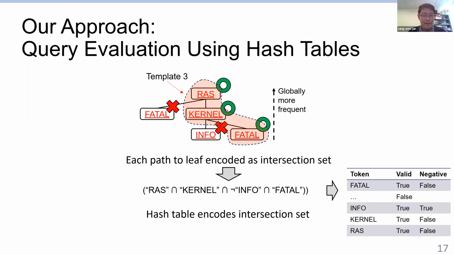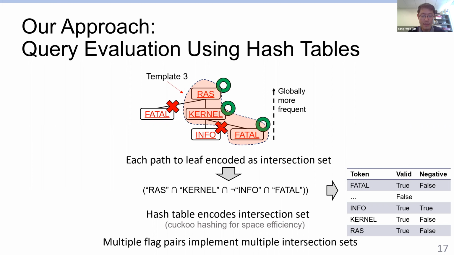Once we have this intersection set for each path, we can encode it into a hash table, which would be the input to the near storage accelerator. We actually use cuckoo hashing for space efficiency, but this is not critical to the design of the accelerator right now.